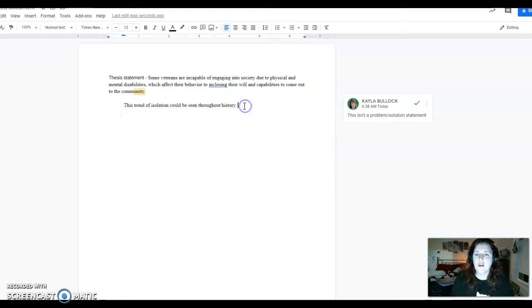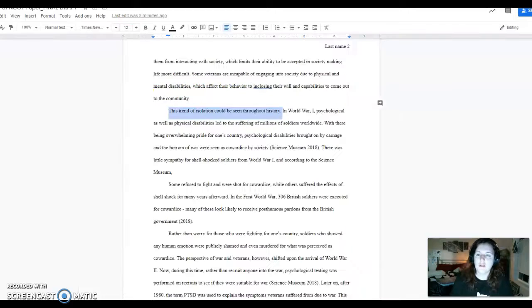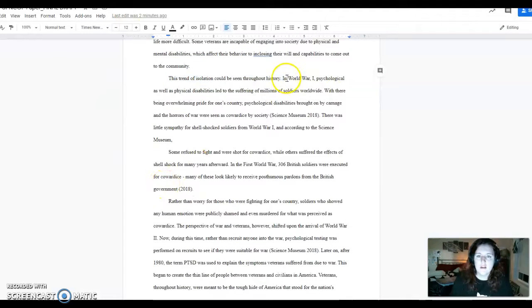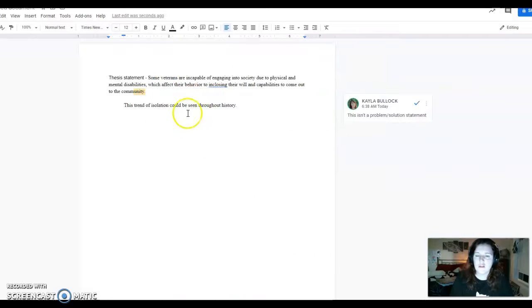So we're assuming that this claim is going to be proven with evidence as we go throughout history and see isolation, I guess, of veterans at each point they highlight. Here's a claim being made about World War I. Let's put it in our reverse outline. This is one point in history.